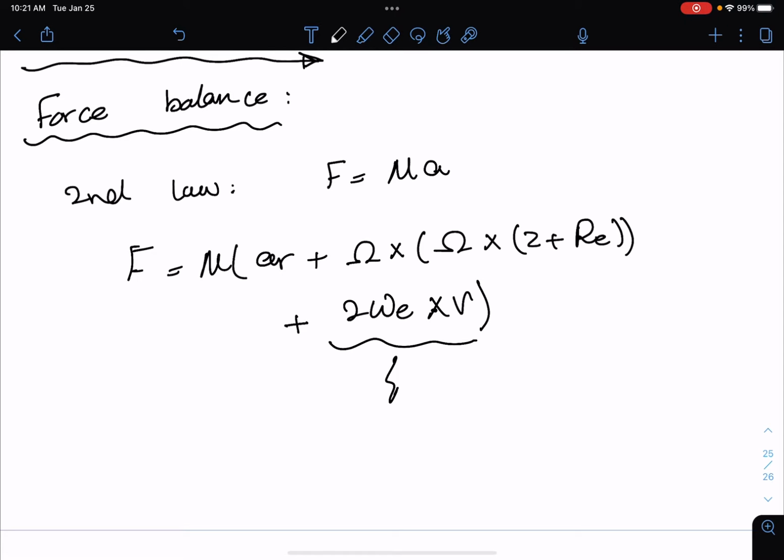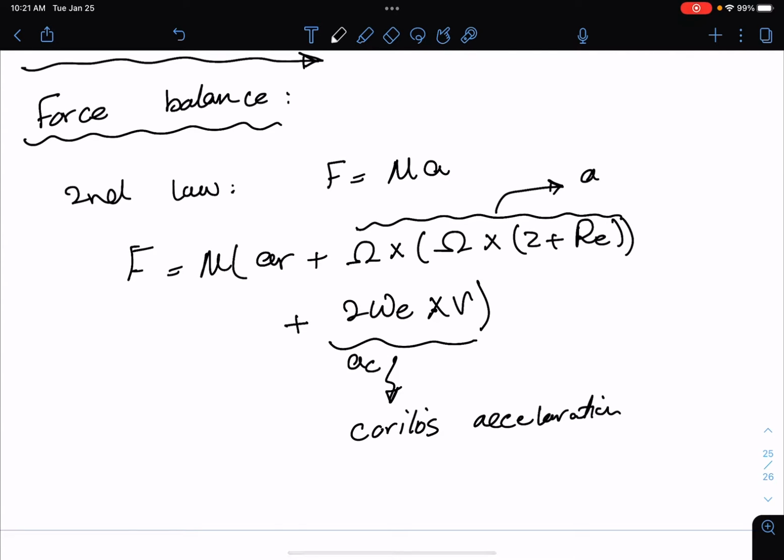So this part for us is the Coriolis acceleration. If you recall, we are going to say A of C. This part is called A of T, or tangential acceleration.